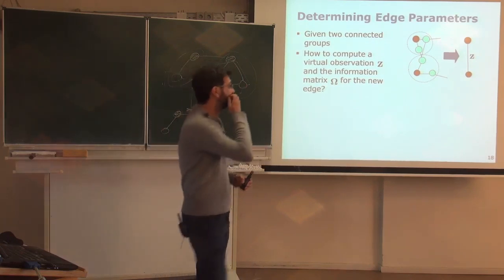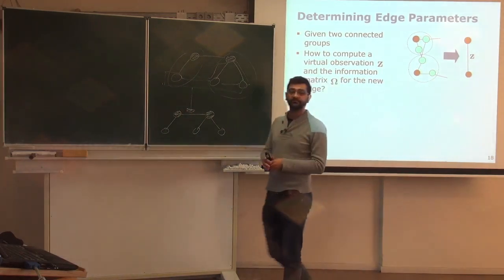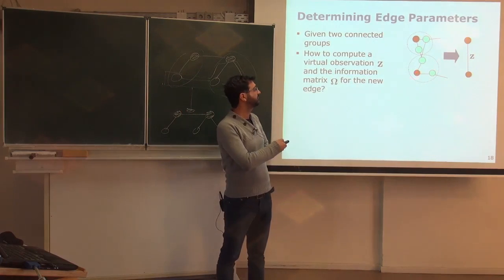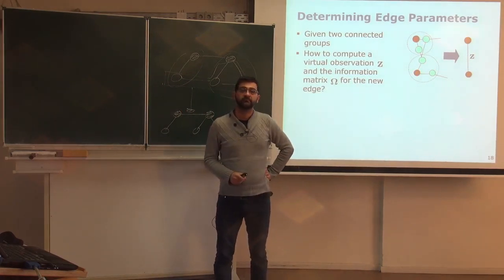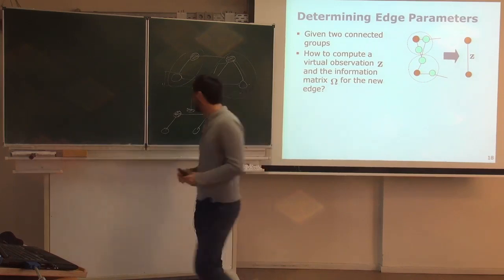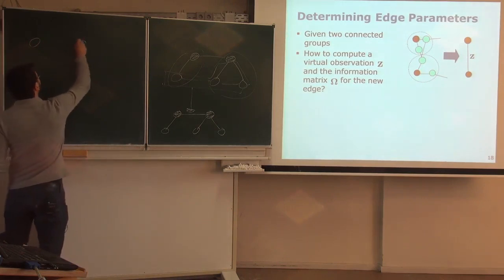Imagine that everything is solved and everything is fine. How would you get a measurement between this node and this node? Well, let's do it easier. They are like this.